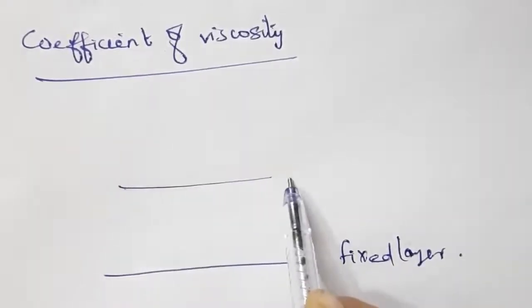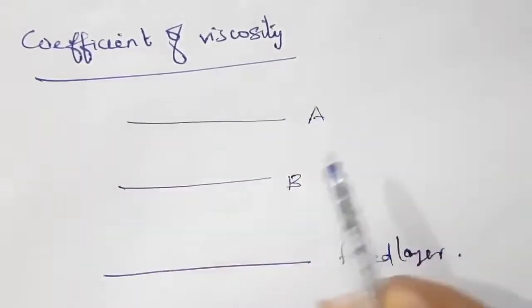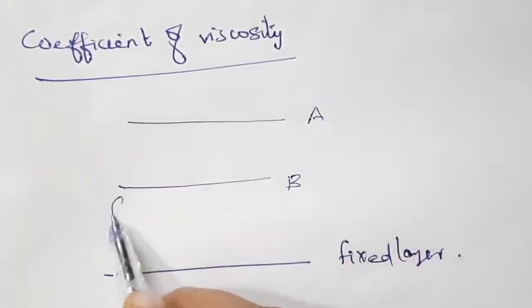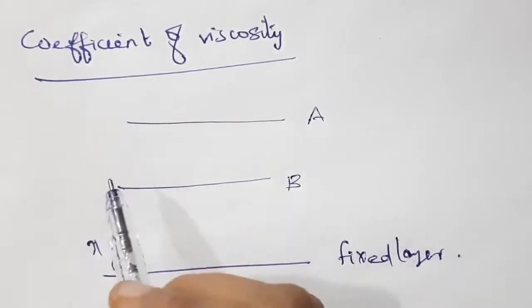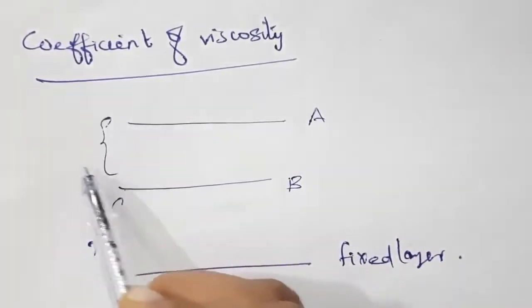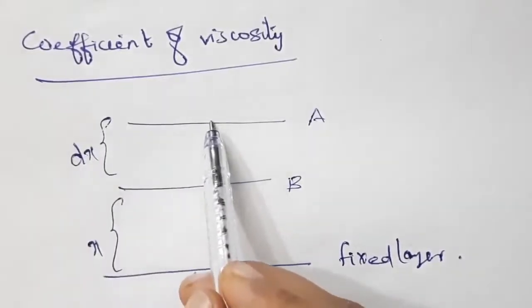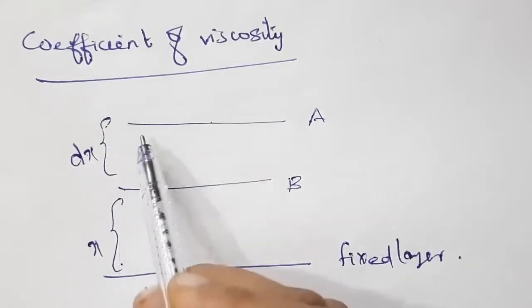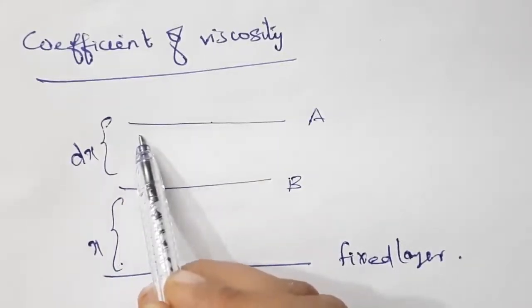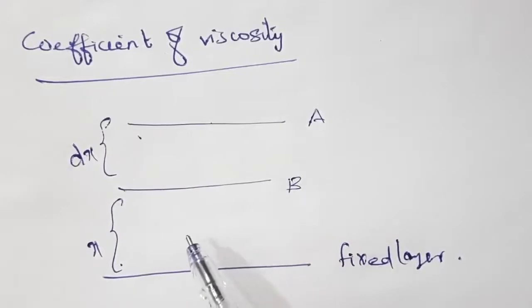This is the layer B and this is the layer A. Layer B is at a distance x from the fixed layer, and the distance between A and B is dx. So the layer A is at a distance of x plus dx from the fixed layer. A and B are the two parallel layers.